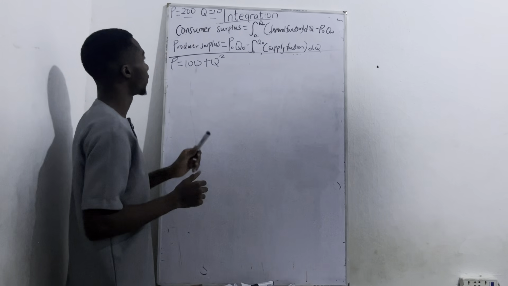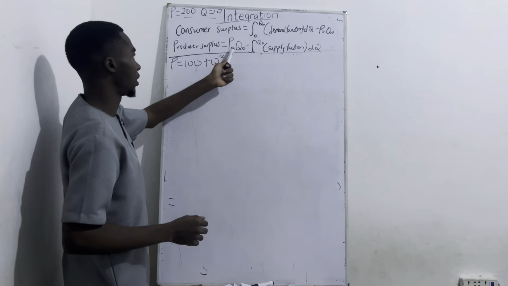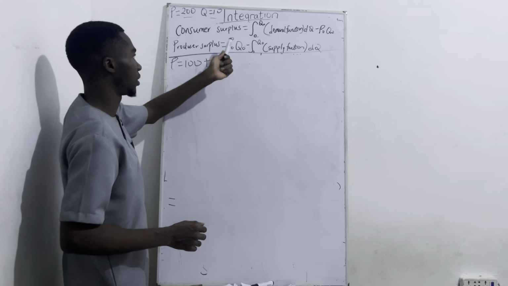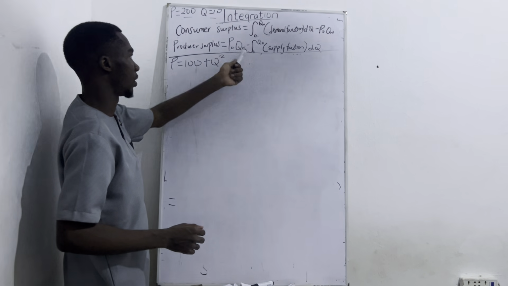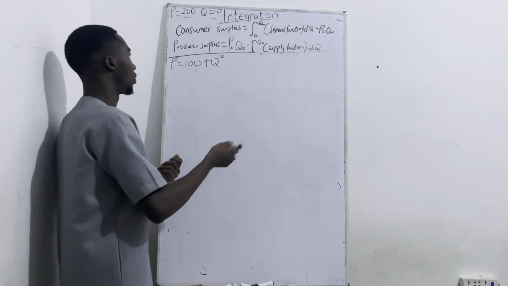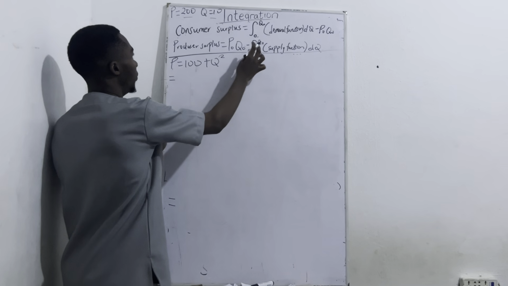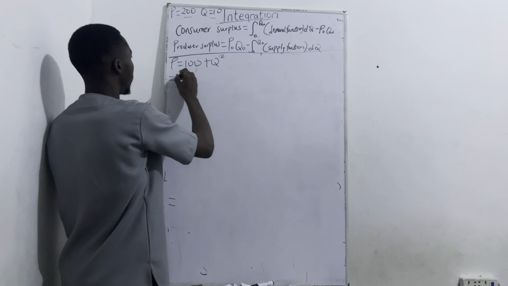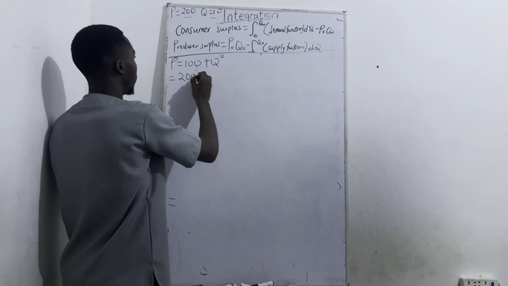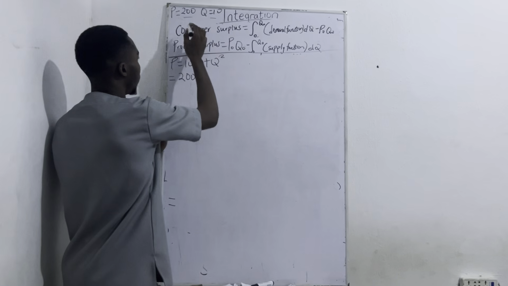Yes. So now we are going to find the producer surplus, and this is the formula for the producer surplus. The price times the quantity. The P naught is the price, and the Q naught is the quantity. Then minus the integral of the supply function. So our producer surplus will be price, our price is 200, so 200 into brackets the quantity, which is 10.